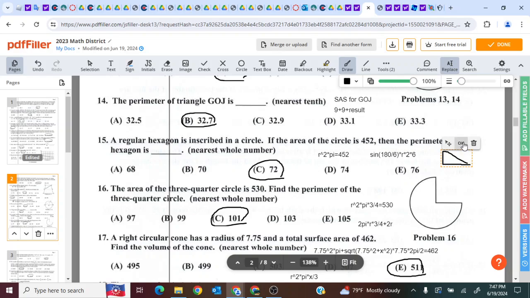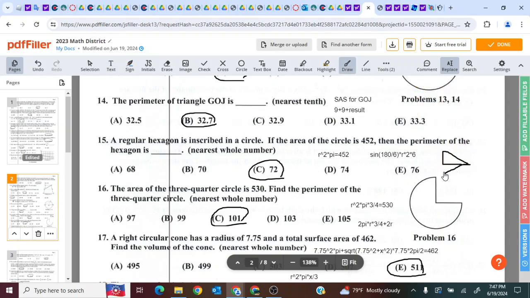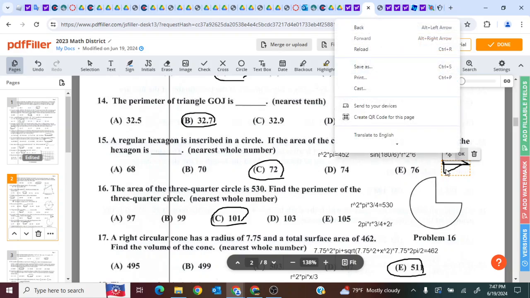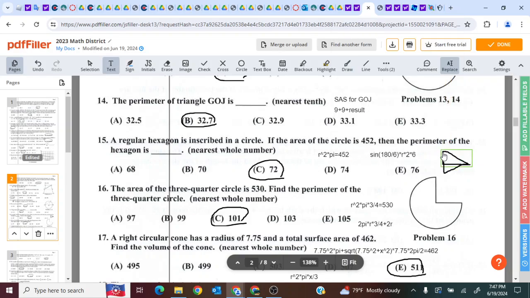You can imagine the hexagon like this, where this is one of the sides of the hexagon, and the circle would go around like here. To figure out this value right here, that's part of the hexagon, you need to do sine of this angle right here, times your radius, and you have to multiply it by 2 because it's double-sided.